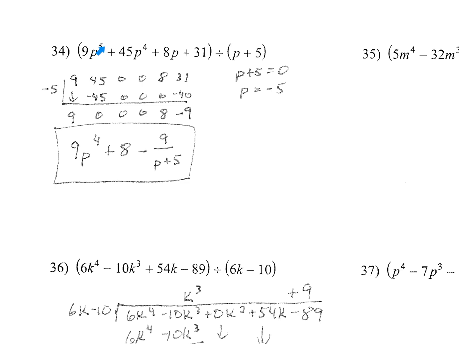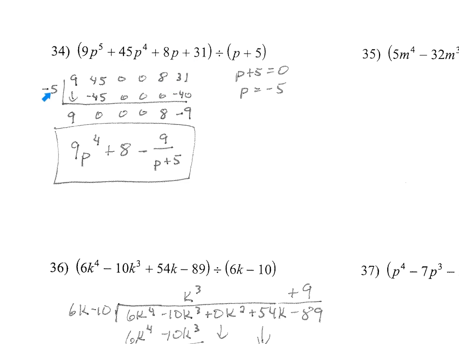Be sure you write the coefficients where you represent all of the necessary degrees or exponents. So we have 9p to the fifth, 45p to the fourth. We do not have a p to the third, so I put a place value of 0. And then p squared, we do not have one, so I wrote a 0. And then p to the 1, I wrote 8. And then I wrote my 31 here as well.